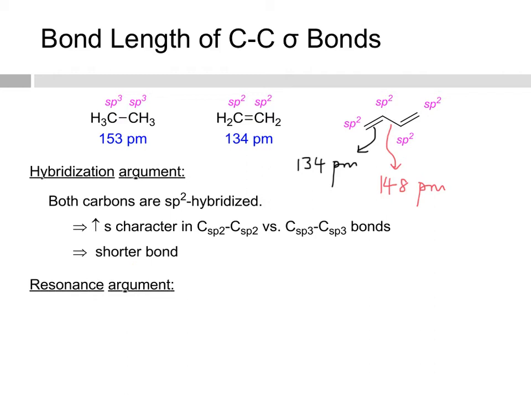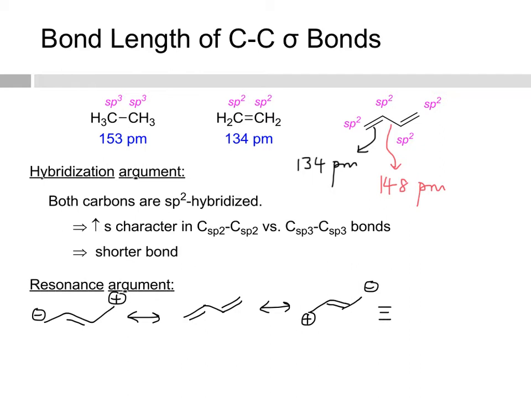We have a second argument, and that argument is the resonance argument. If you think of this diene, we can draw two resonance forms. One is this one, and then we can push the electrons in the opposite direction, and our second resonance form is this one.